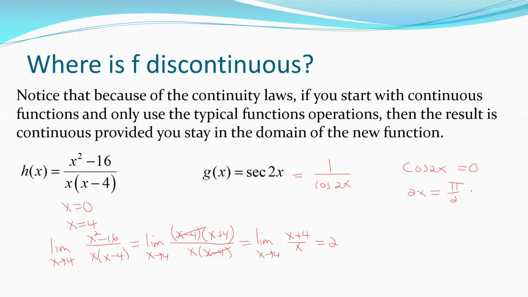And in fact, if you take pi over 2 and add any integer multiple of pi, then the cosine would be 0. So if x is pi over 4 plus any integer multiple of pi over 2, then the cosine of 2x would be 0, and the secant of 2x then would not be defined. This function is discontinuous at all those numbers, but it's continuous everywhere else.